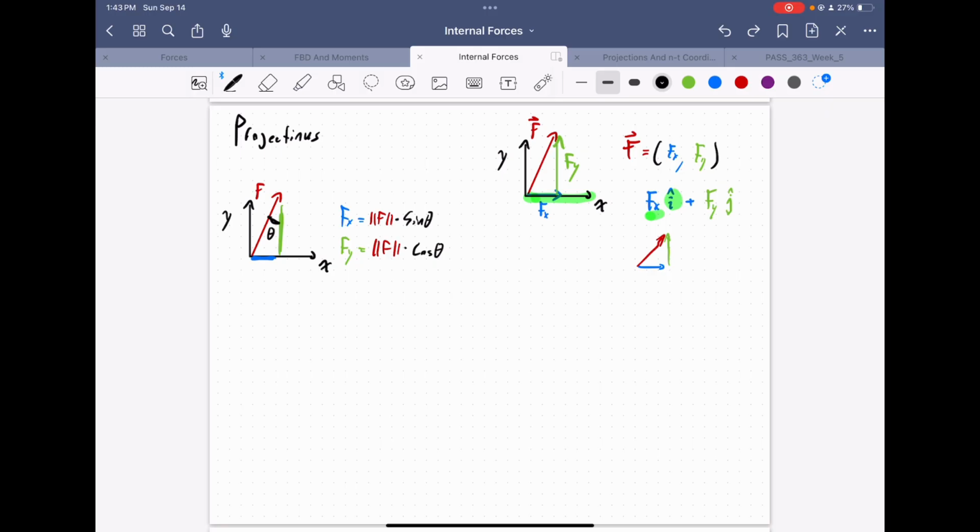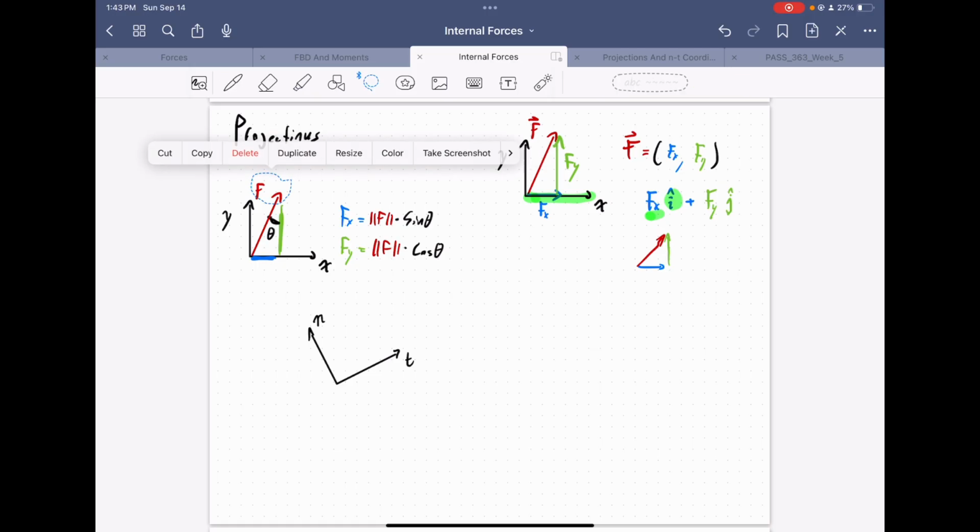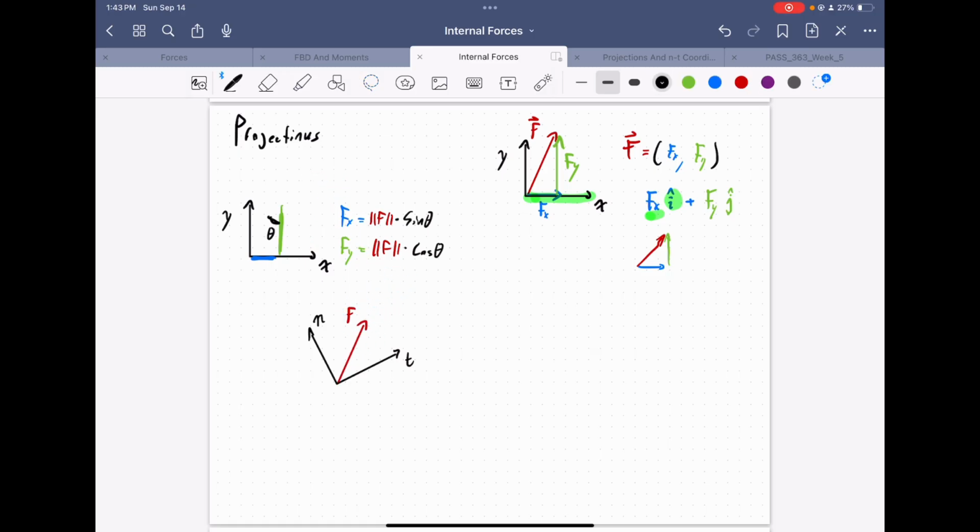In this case, we are going to do the same thing, but with an nt coordinate system. So we have our t, we have our n, and again, it is the exact same thing, right? Here we have our vector.